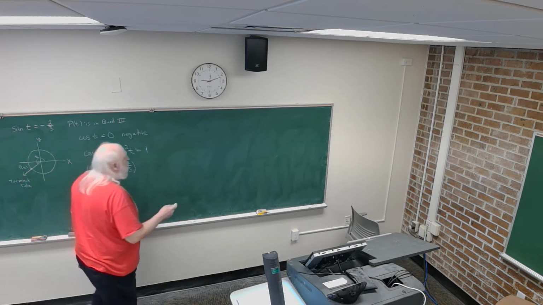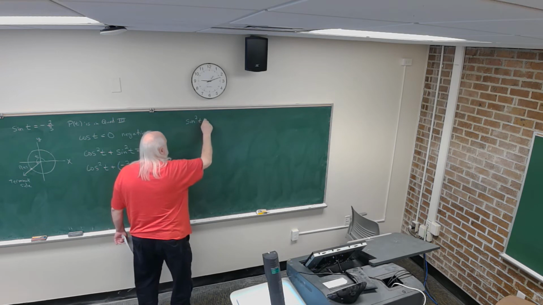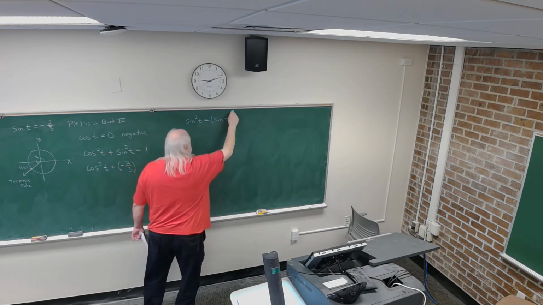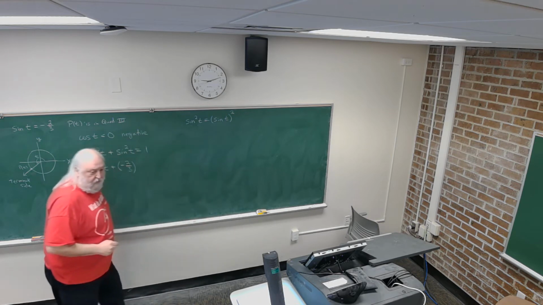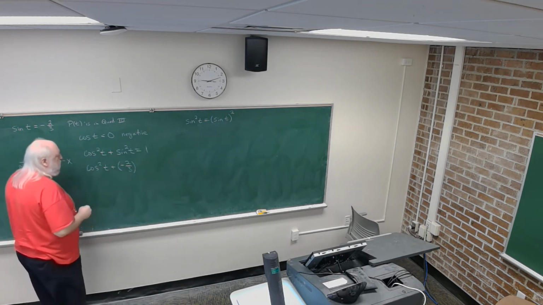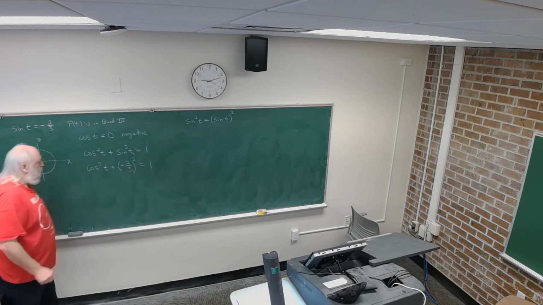Now remember, when we write this, what we mean is the sine of the angle t quantity squared. So when I replace sine t with minus 2/3, I have minus 2/3 squared. Okay.